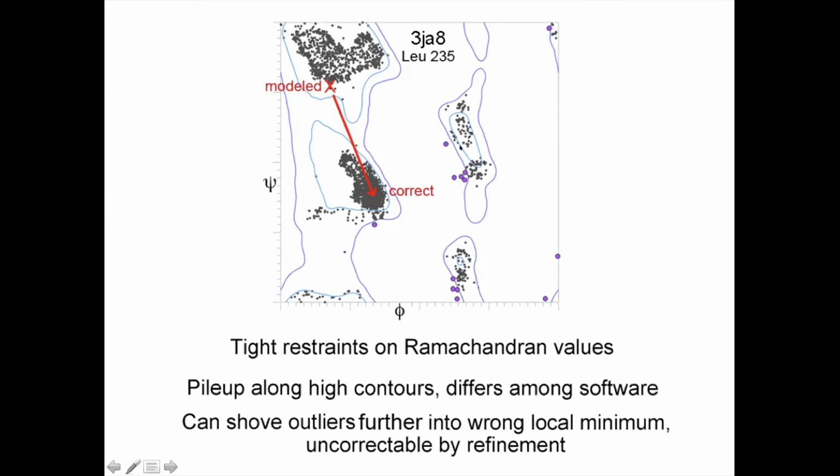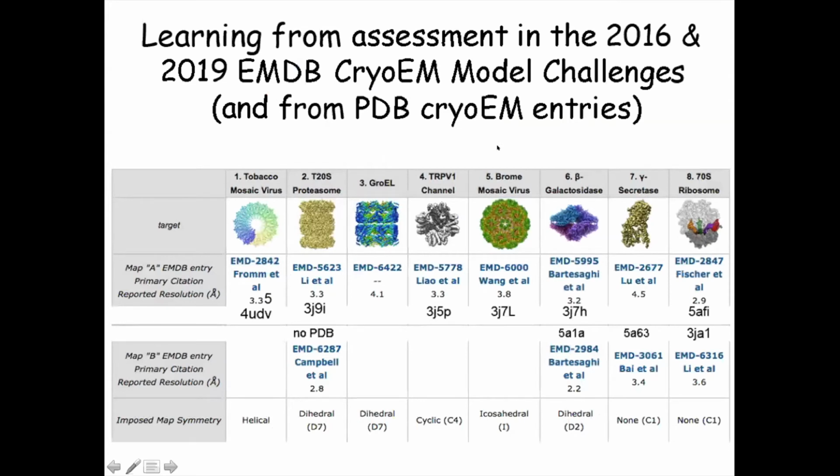We also have learned a great deal and practiced some of this in the cryo-EM model challenges that the EMDB and particularly the EM data resource have done several of so far, and there's another one coming this fall, where it's a little bit like CASP, except it's not supposed to be a competition, and the targets are not as obscure.